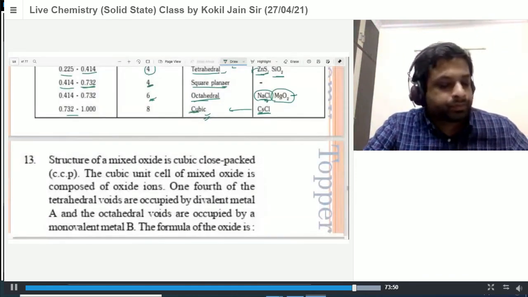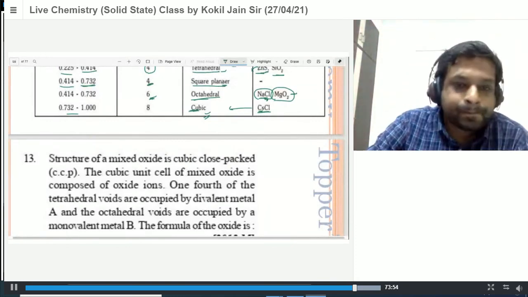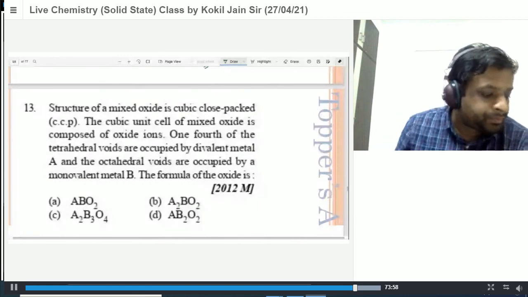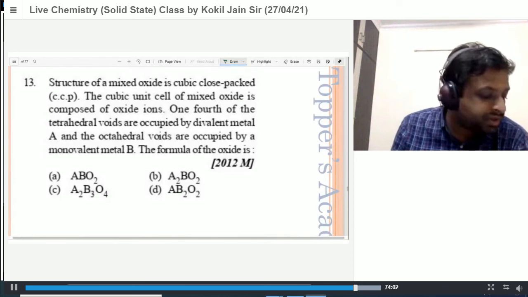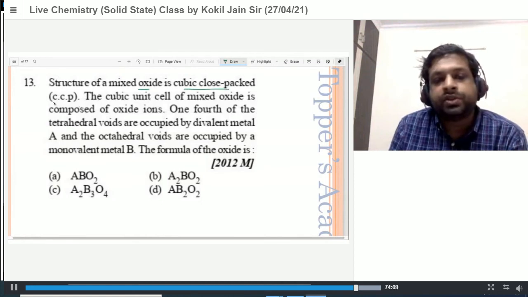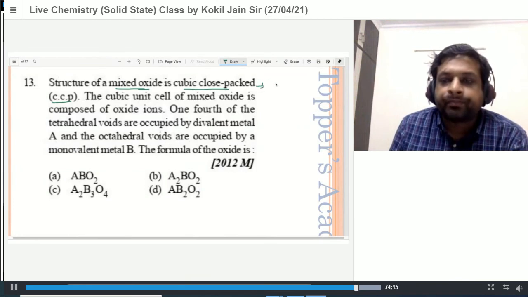Now, see here. This is our question: structure of mixed oxide is cubic close packed structure. Number of atoms in cubic close packed structure is 4.